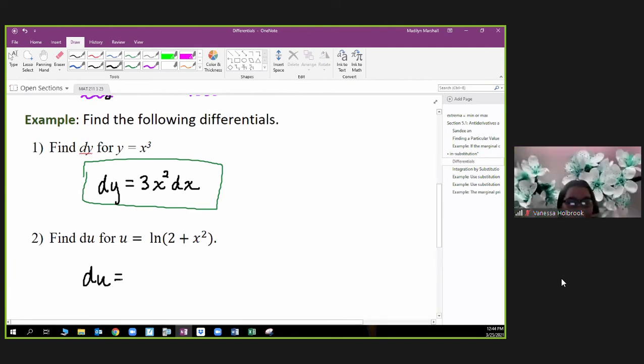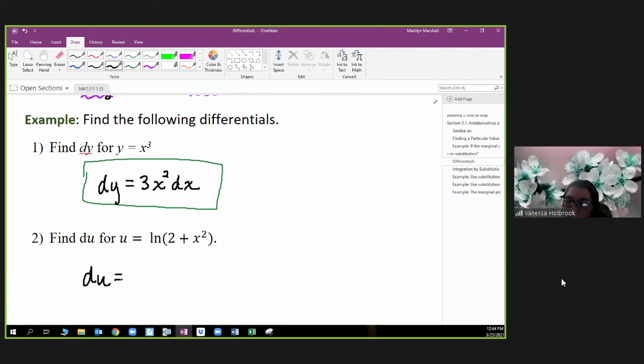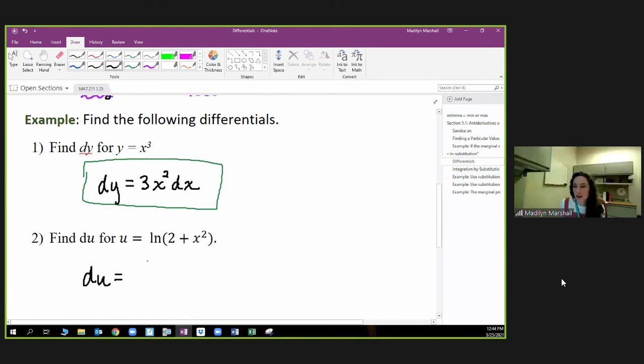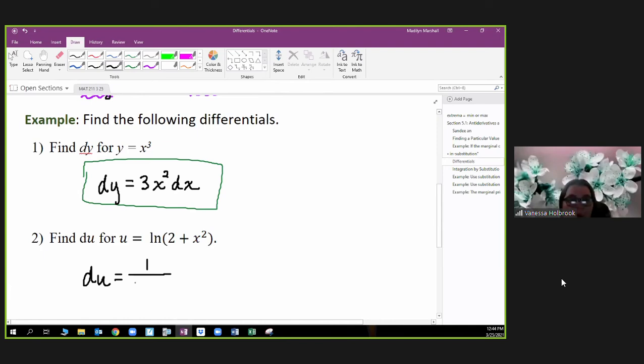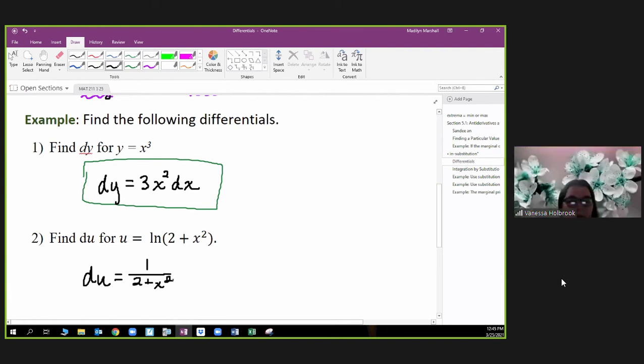So what is the derivative of a natural log of something? 1 over whatever is in that natural log. Yes.